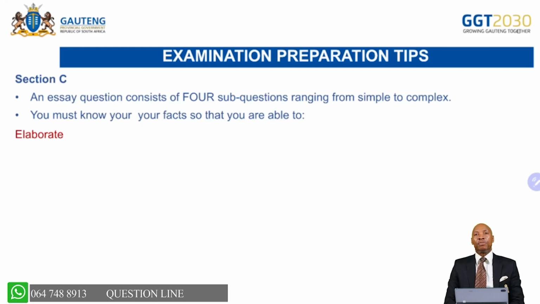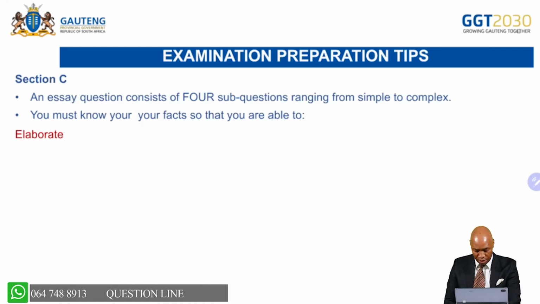Remember, business environment has 3 subtopics: legislation, business strategy, and business sectors. And question 6, you will get an essay that is coming from business operations. Remember, business operations has 2 subtopics: the human resource function and quality of performance.